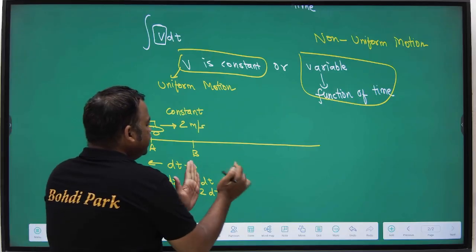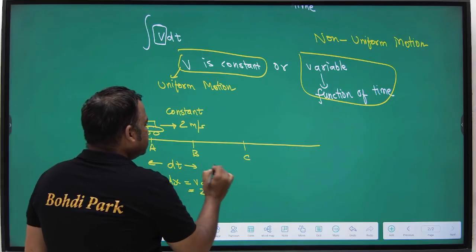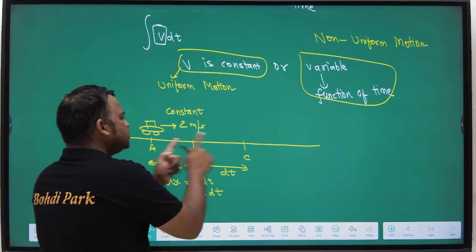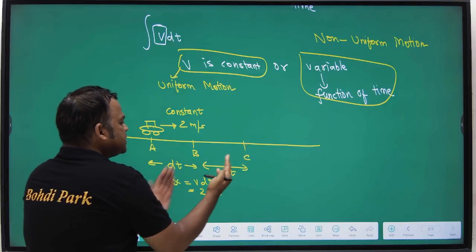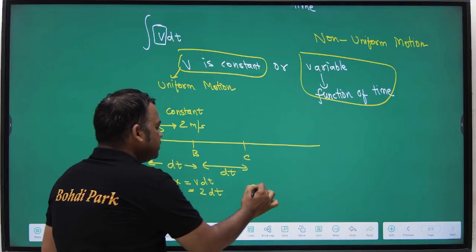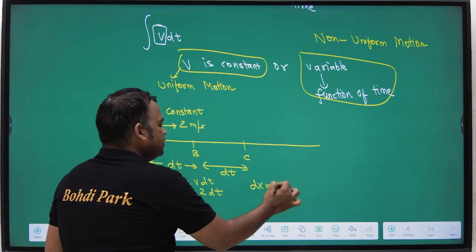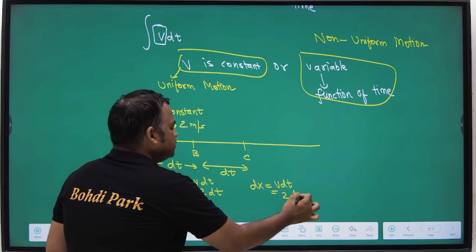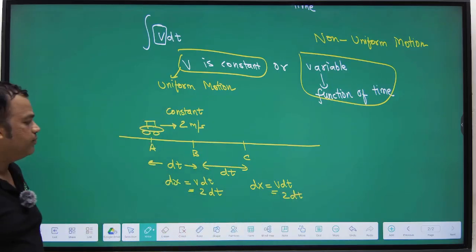In next dt, it will go from B to C. Velocity is constant, so in next dt it will cover the same displacement v dt, and v is same as 2, so 2 dt.